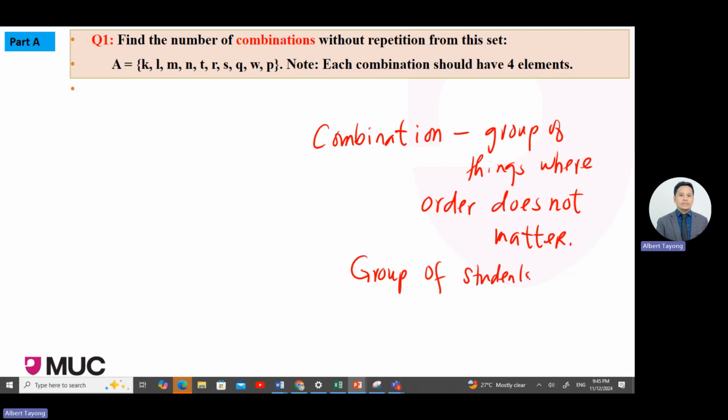A group of students is an example of combination because it doesn't matter where a student in a class sits. It depends on the teacher, but usually we don't care about the arrangement of the students. So a group of students is an example of combination. A football team is also a combination because usually we don't arrange them.